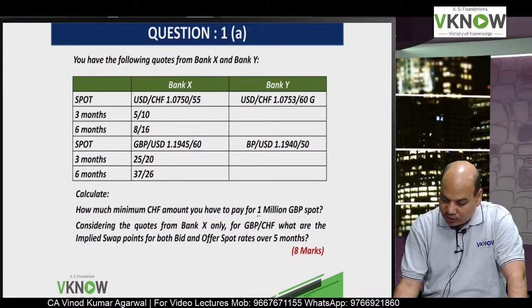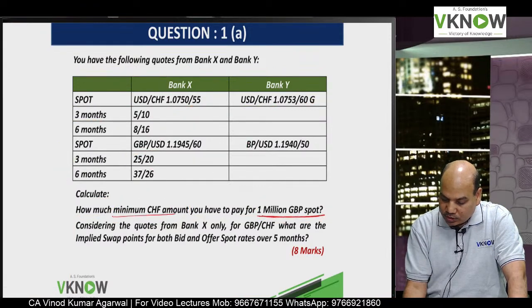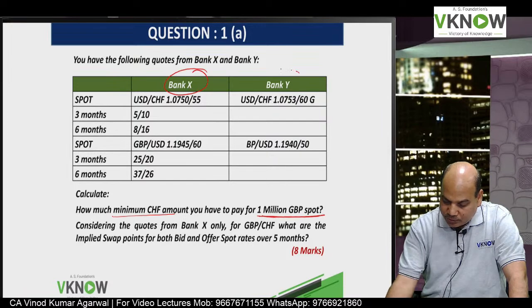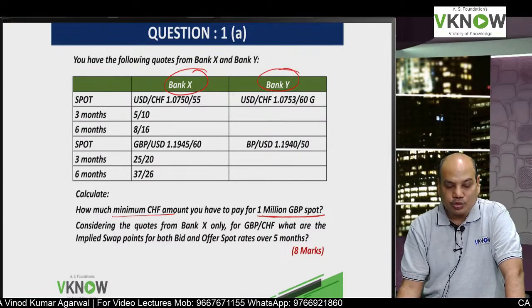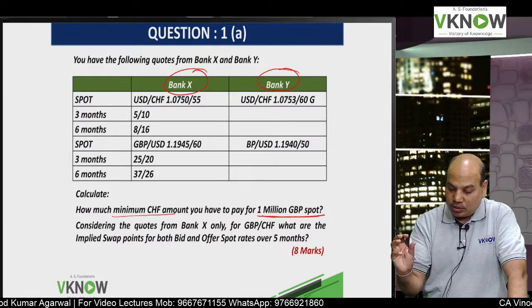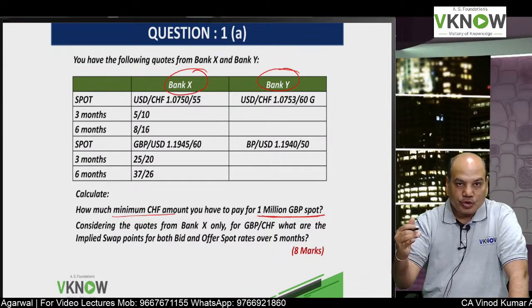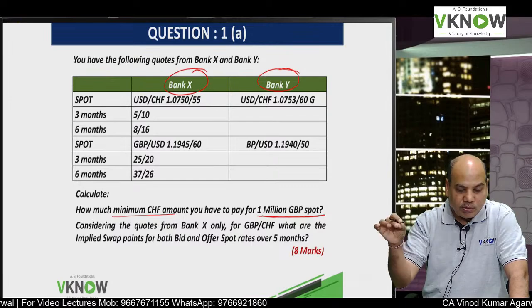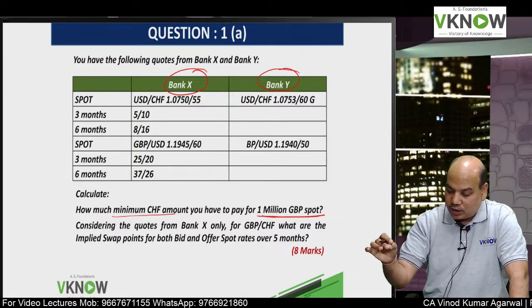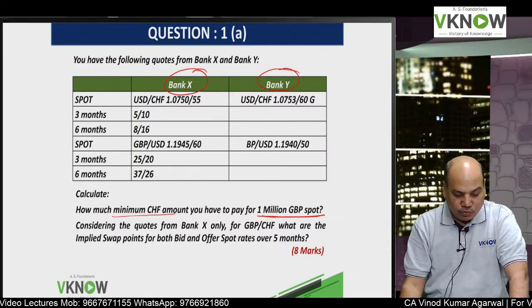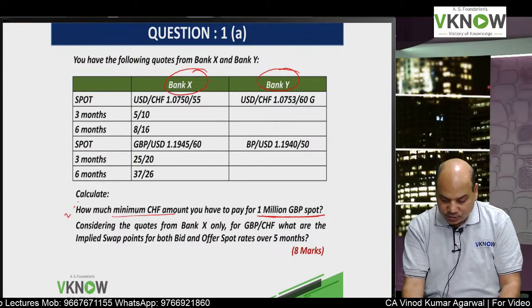You need 1 million GBP, and there are two banks, Bank X and Bank Y. They have given the quotes. So how will you enter into deal with these two banks so that you pay minimum amount for buying 1 million GBP? Okay, very good question.